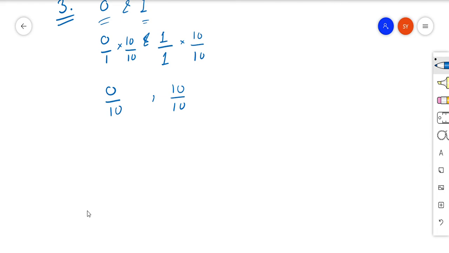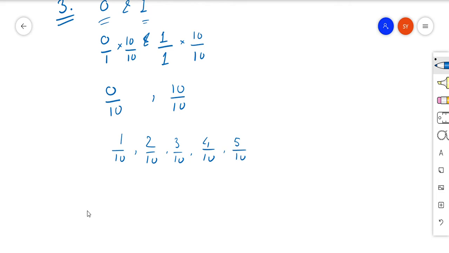Now you can find the numbers. The numbers between 0 and 1 can be 1 by 10, 2 by 10, 3 by 10, 4 by 10, 5 by 10.